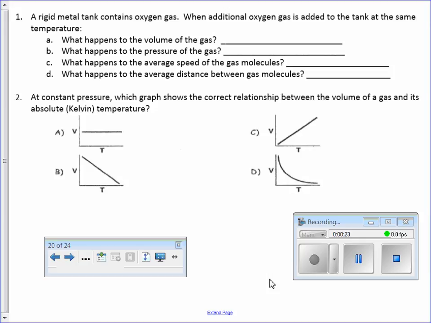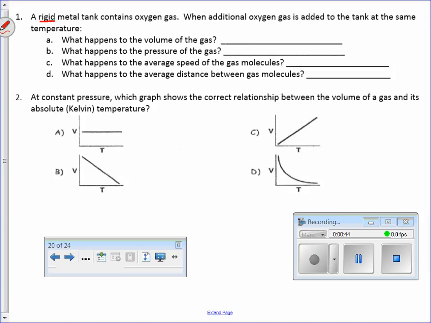Okay, so question number 1, a rigid metal tank contains oxygen gas. When additional oxygen gas is added to the tank at the same temperature, and then you have 4 what ifs, or what happens. So first thing I want to point out to you is this word rigid.